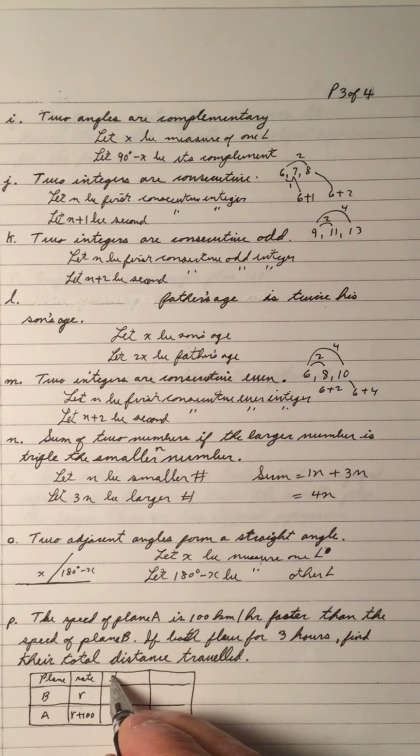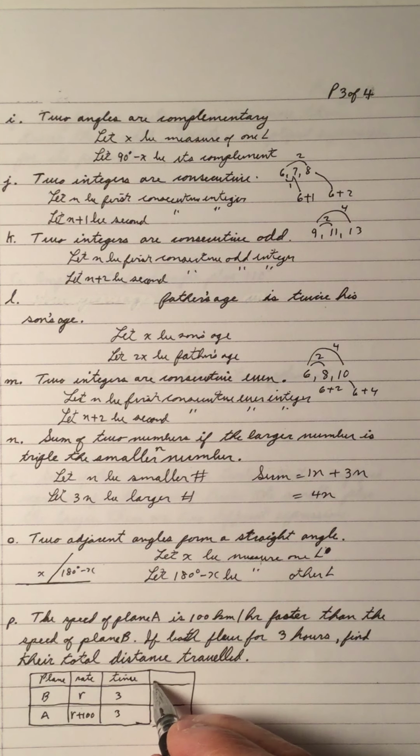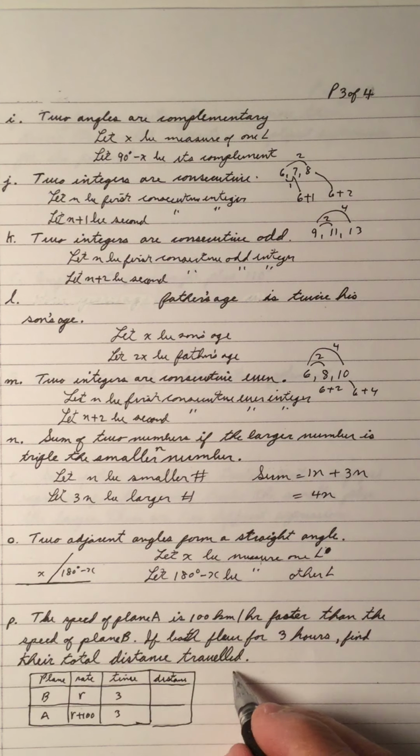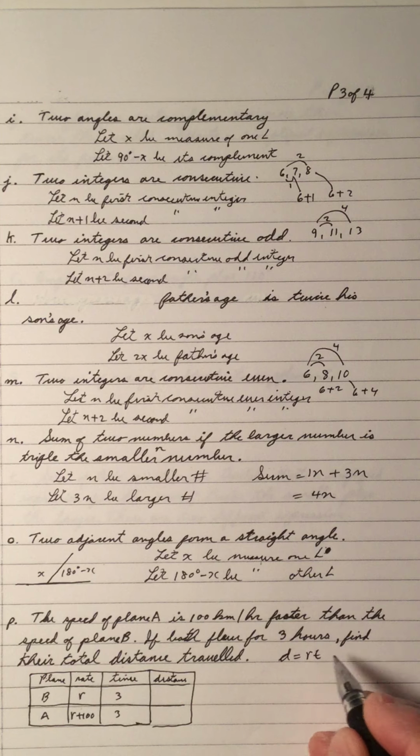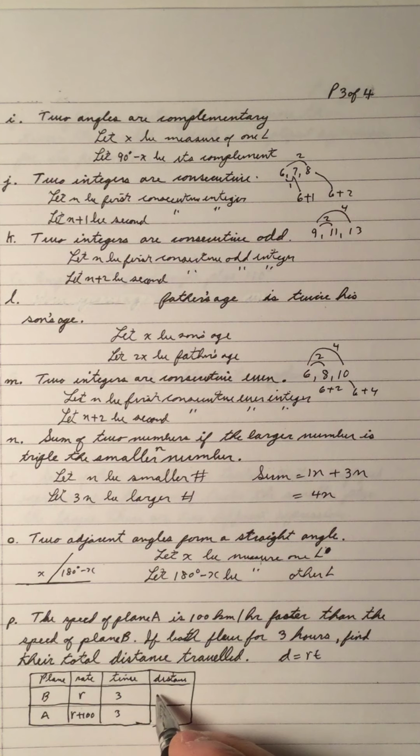And the time, they both flew 3 hours, and that gives us the distance. Distance equals rate times time, or time times rate. So if we take the time and multiply by the rate, we get 3r. If we take the 3 hours and multiply by r plus 100, we get 3 times r plus 100.